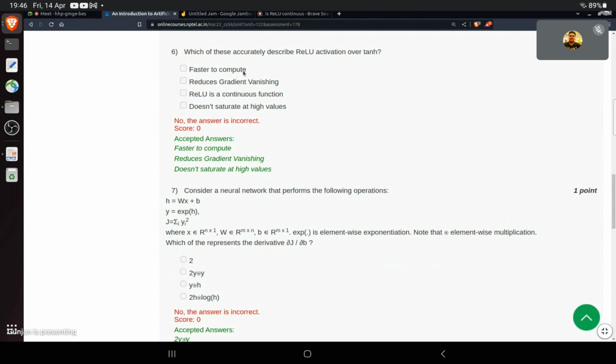Yeah, but why is C not true? Actually, it's a differentiable function, and the ReLU activation over tanh.